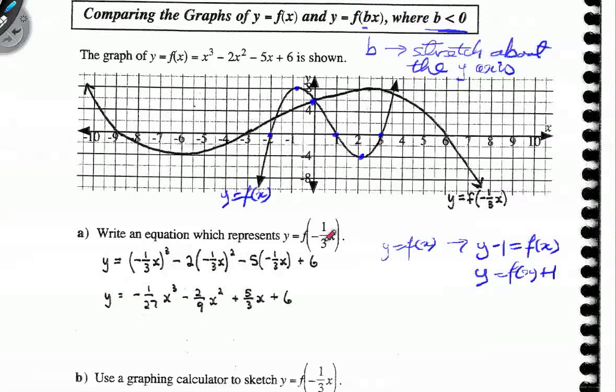So I'm just telling that to myself so I can understand what's happening to this point here. We're going to get a stretch about the y-axis by a factor of 3. So where would we end up? Typically, this point is here, and it's at, I'd say, 1 and almost 3/4.